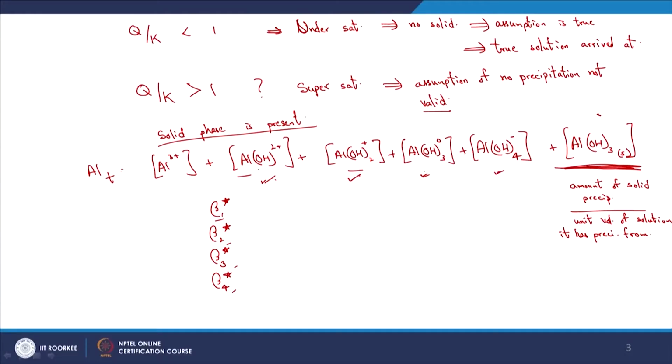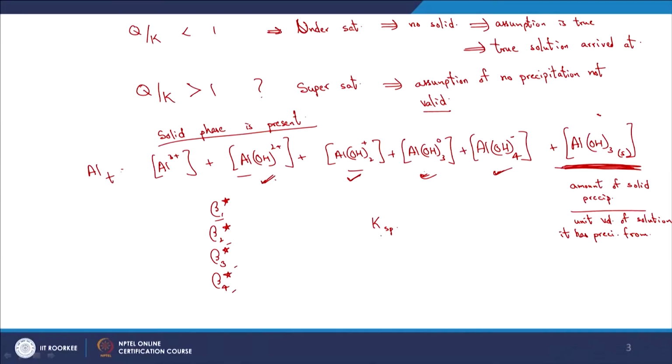So you can use these coefficients to express these 4 complexes in terms of Al3 plus. But how can you express this Al(OH)3 solid? For that you are going to need an additional equation. That is going to be an unknown, and if you have an additional unknown you need an additional equation. So how can you get this additional equation?